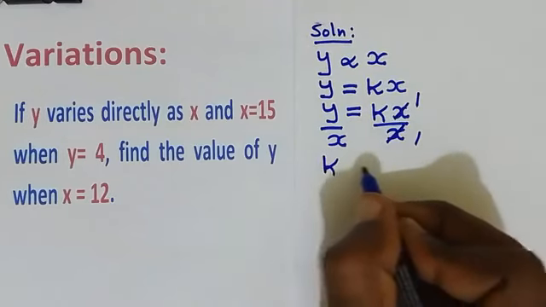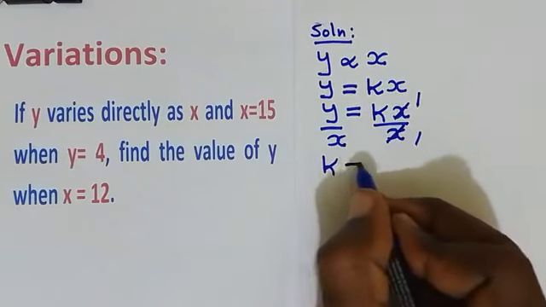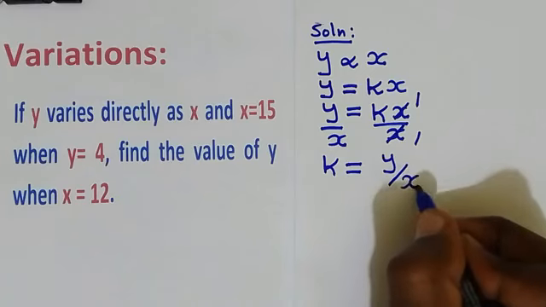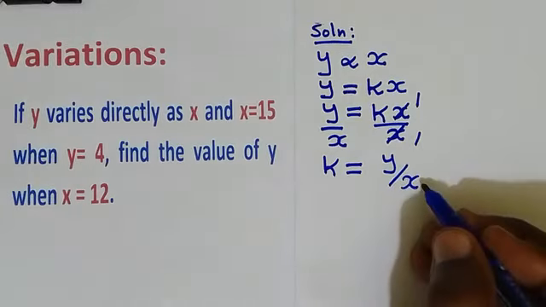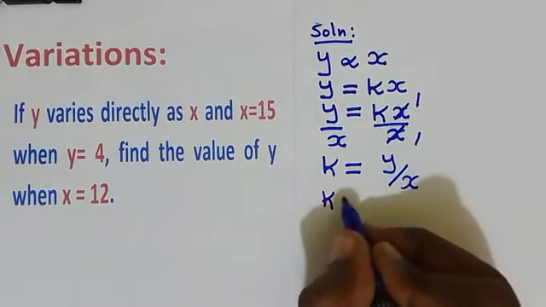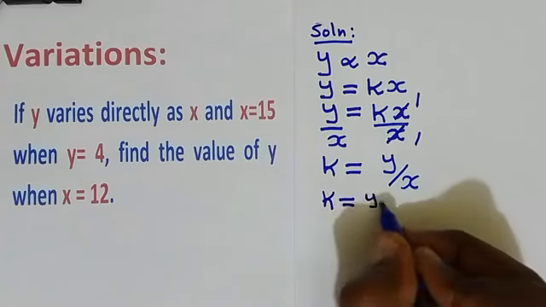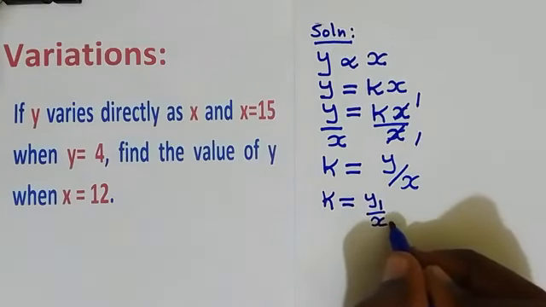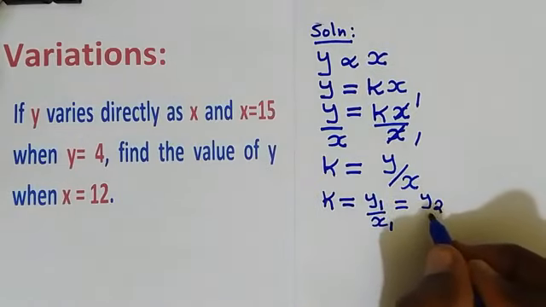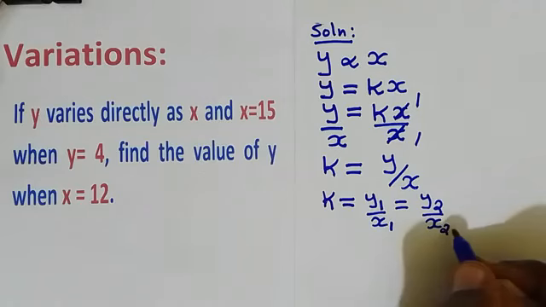We get k, the constant, is equal to y over x. Since k is constant, k is equal to y1 over x1. This is equal to y2 over x2.